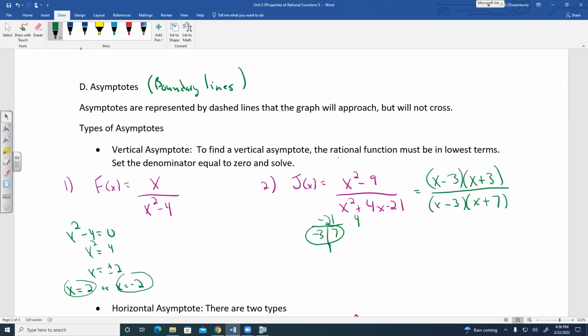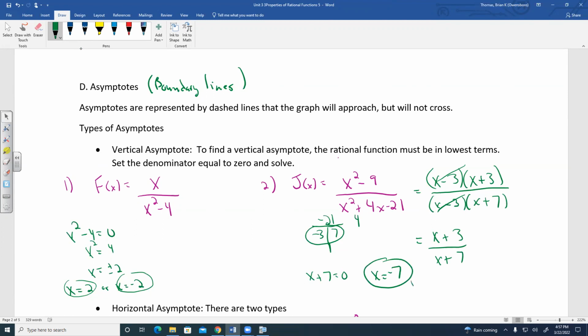When I reduce it, notice that these x minus 3s will divide out. So my new function is x plus 3 over x plus 7. When I find my vertical asymptotes, I just set the denominator equal to 0. So I set x plus 7 equal to 0, and I end up with x equals -7. That's going to be the vertical asymptote.